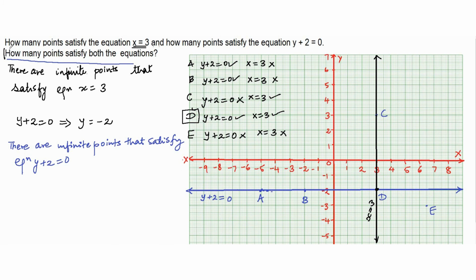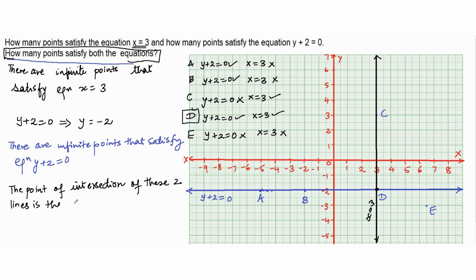So the answer to the question, how many points satisfy both the equations, is that there is only one point, the point of intersection of these two lines, that satisfies both the equations, right?